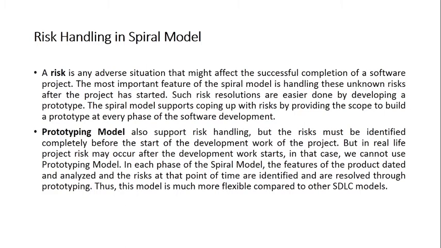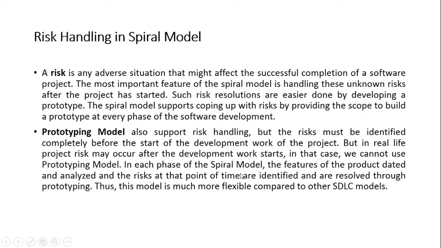But in real life projects, risk may occur after the development work starts. In that case we cannot use the prototype model, because it resolves risk prior to development by making a prototype. But if any risk comes during development, the spiral model is suitable.